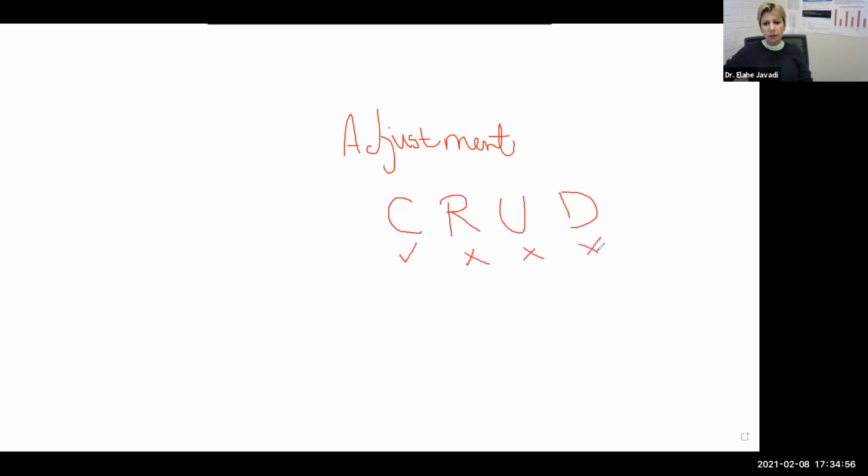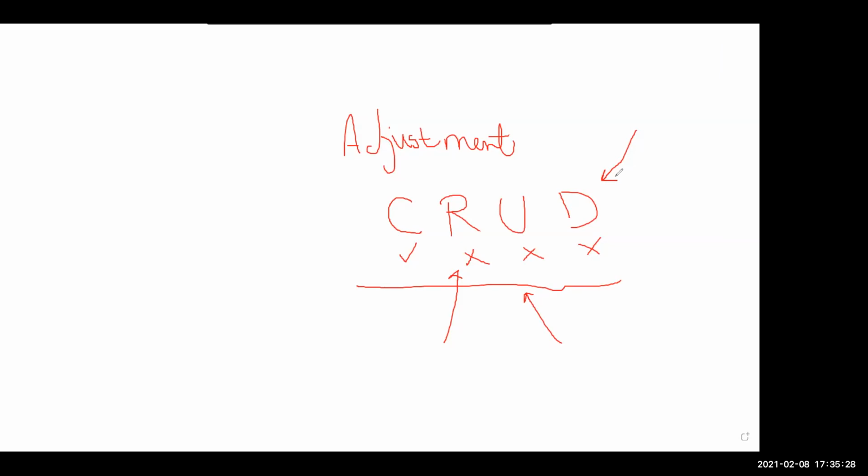Anybody wants to talk about use cases that would do R, U, or D on instances of adjustment or promotion, let's say? Anybody wants to think about use cases?